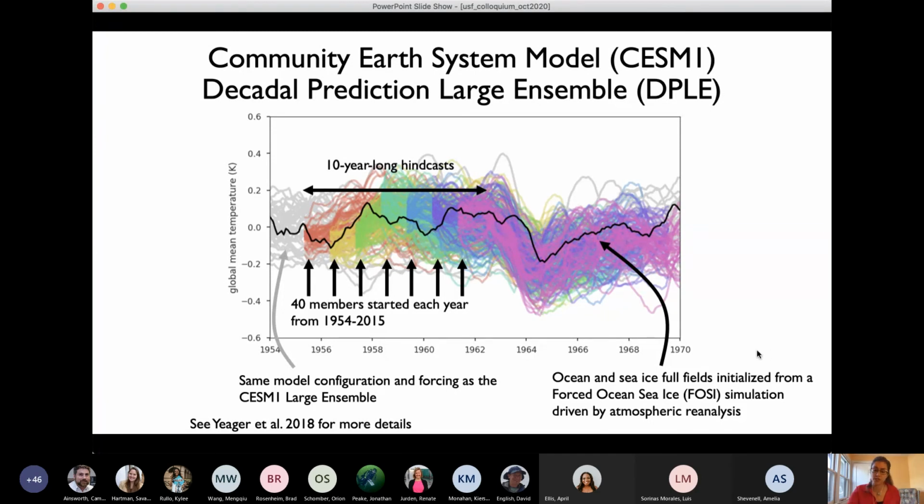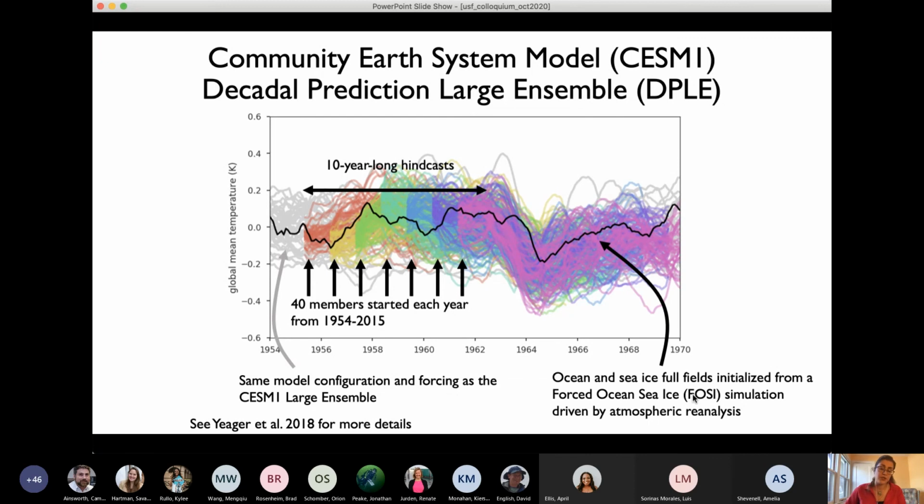The ocean initial conditions, because we don't have a very good observational state of what the true ocean looked like in the 1950s, come from an ocean-only CESM simulation that was forced by atmospheric reanalysis. So this is a forced ocean sea ice, or FOSI, simulation. This allowed Steve and the other climate modelers at NCAR to put together the full possible state of all of the variables.